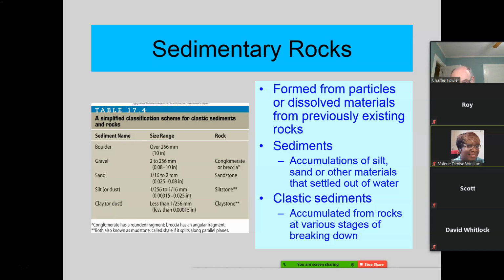1 divided by 256. That's almost 4 microns. So they'll say something less than 1/256 millimeters. That would be basically less than 4 microns.